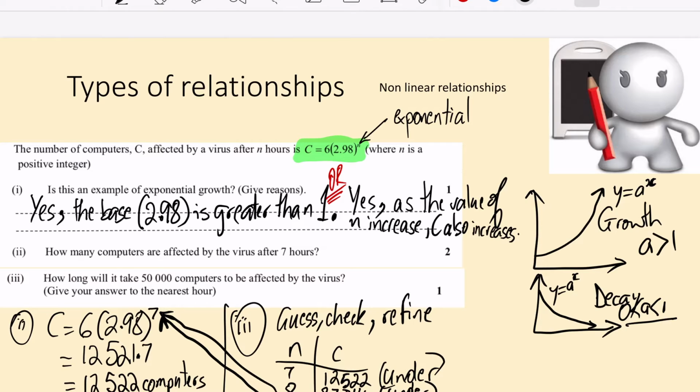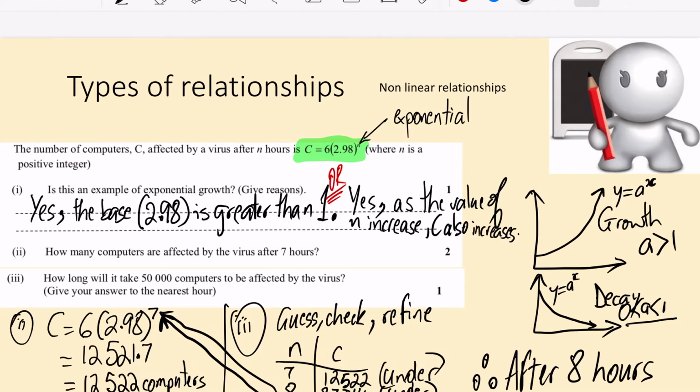So in actual fact, after the 8th hour, it's going to reach that 50,000 computers. But it says give your answer to the nearest hour. Is 50,000 closer to 37,000 or closer to 111,000? Very good. It is closer to 8 hours. So that would be a great answer: after 8 hours.